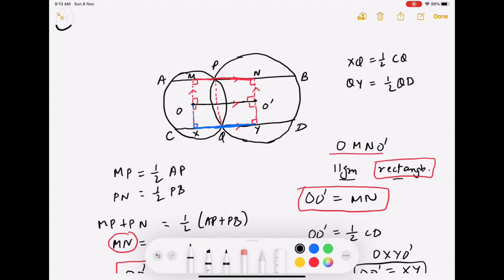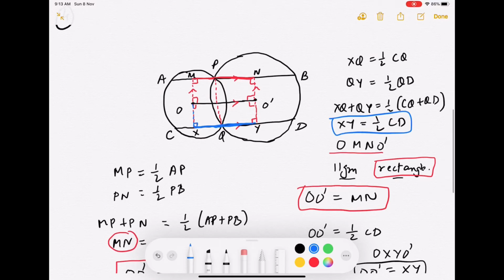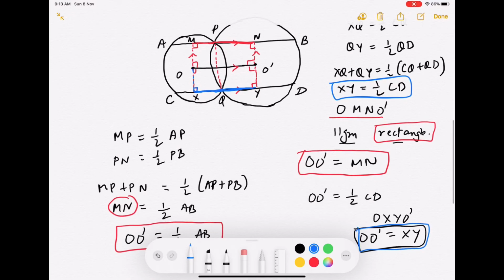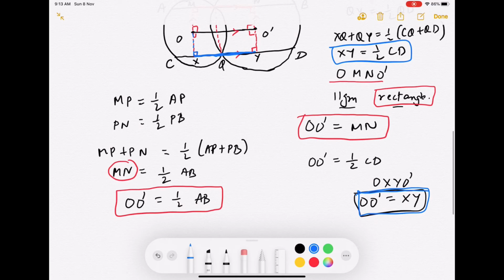Now again I can add these two portions, XQ plus QY. XQ plus QY will be equal to half of CQ plus QD, which means XY is actually half of CD, since CQ plus QD gives me CD. So if XY is half of CD and I knew that OO dash is equal to XY, therefore I can connect the two equations to say that OO dash is actually equal to half of CD.